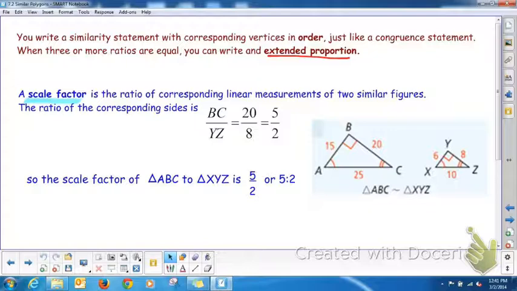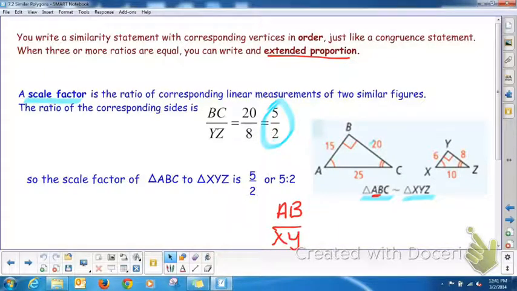So in this example, these two triangles are similar. Triangle ABC is similar to triangle XYZ. BC over YZ is 20 over 8. It reduces to 5 to 2. The thing is that no matter what pair of corresponding sides you pick, like AB over XY, right?